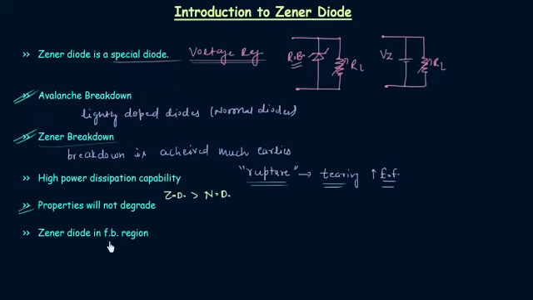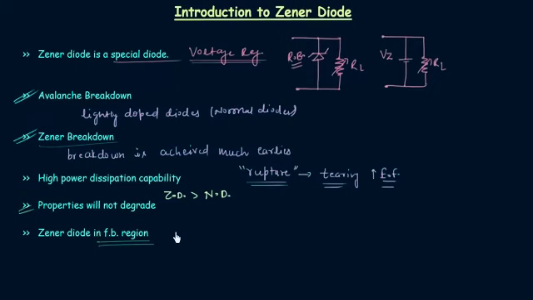Zener diode in forward bias region is similar to the normal diode in forward bias region. So this is a very important point, because most of the people relate Zener diode to the reverse bias condition only, but Zener diode can easily be used in forward bias region also. There is no difference between the Zener diode and normal diode in case of forward bias region.